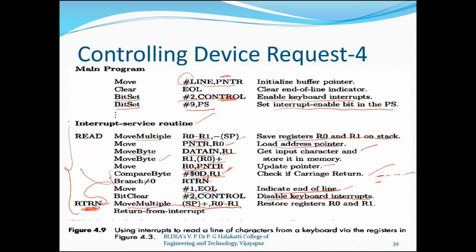So we say move multiple, so all the values will be moved from the top of the stack to R0 and R1. Then whenever return from interrupt is encountered, the control goes back to the main program, so that a new character, if it is pressed on the keyboard, is going to be read.